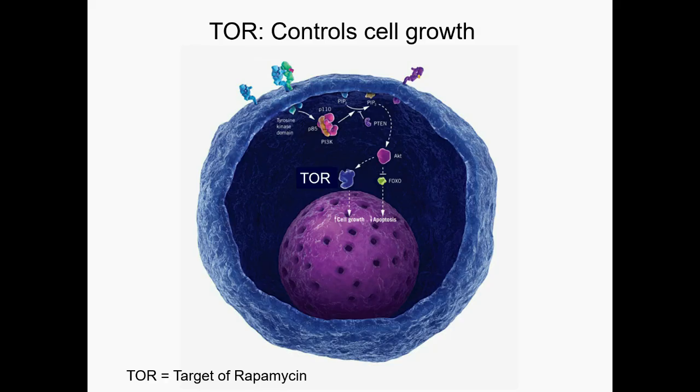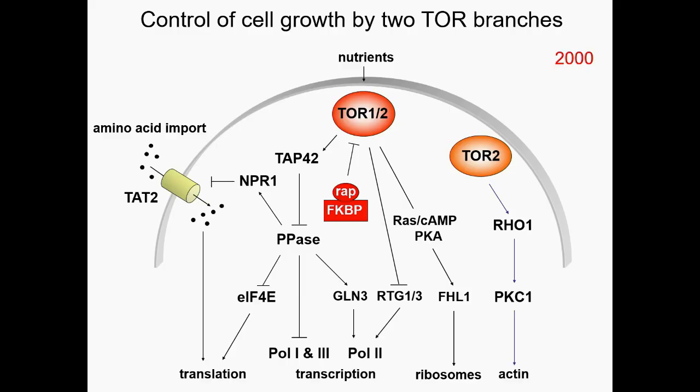And we can look at this now in greater resolution, and these are the experiments we then performed for about the next 10 years, again taking a genetic approach with yeast cells. And this is what we learned. This is where we were in the year 2000.